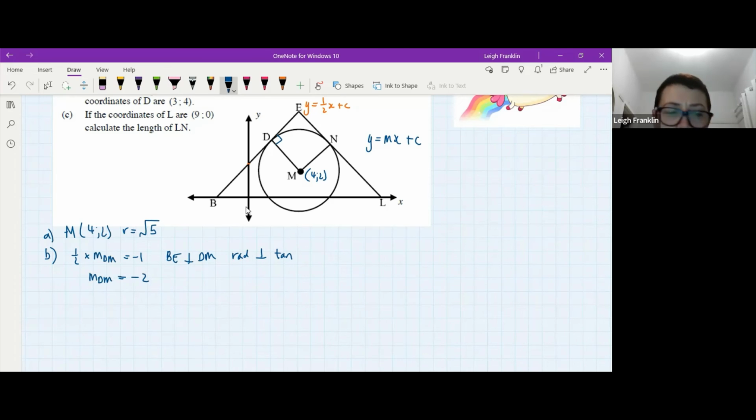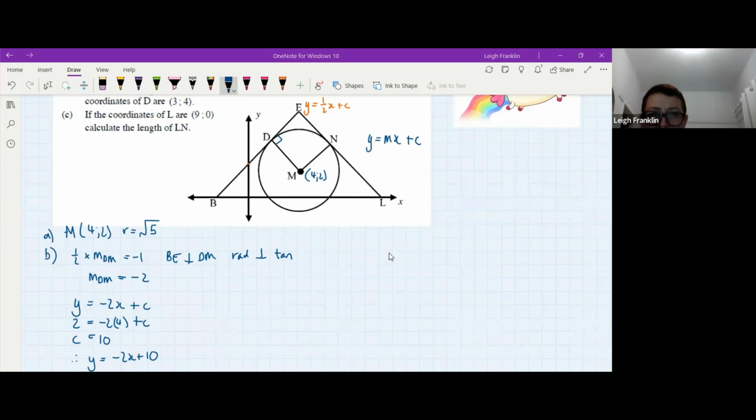As you said, you know the coordinates at M, so subbing into y = mx + c, we've got y is 2 when x is 4, and that means that c would be equal to 10. So that would be y = -2x + 10. Anybody else get that answer? Does that make sense to you? Just as Bushle had said, yes.